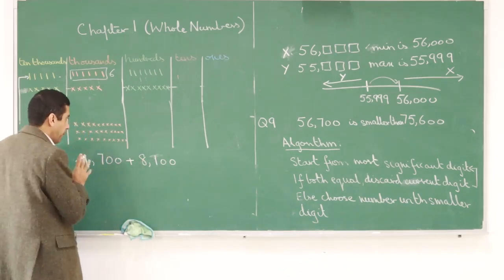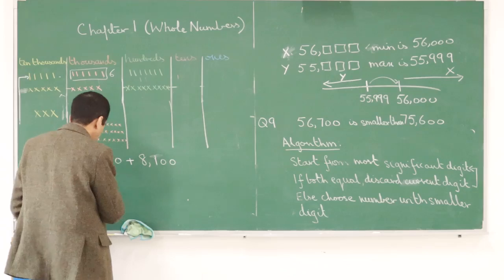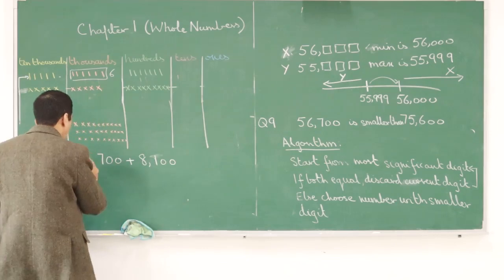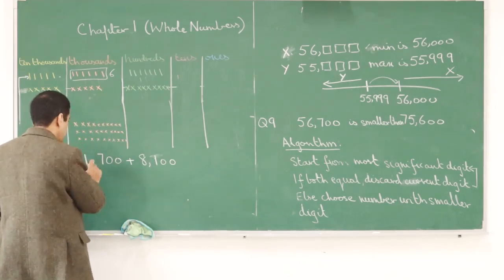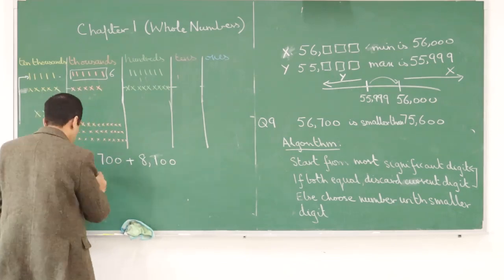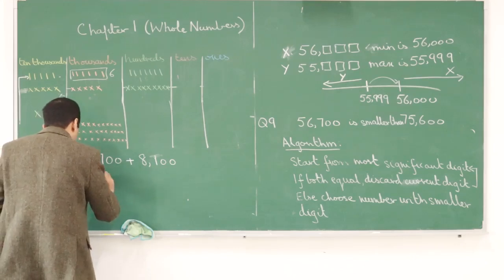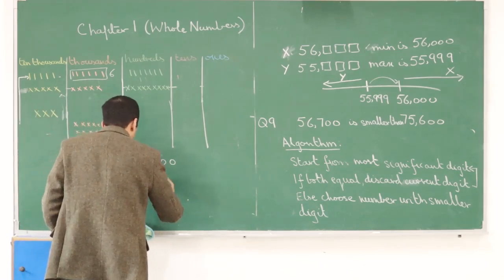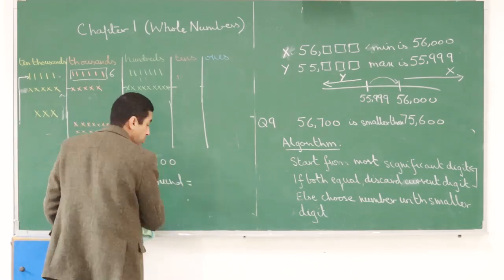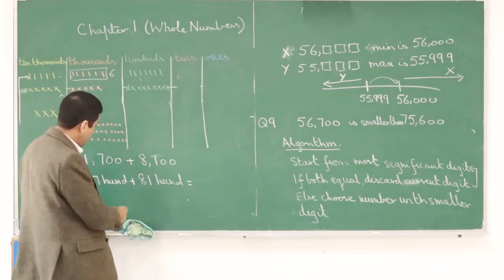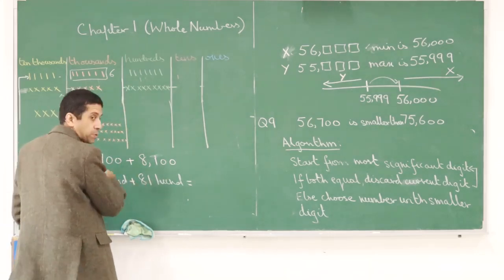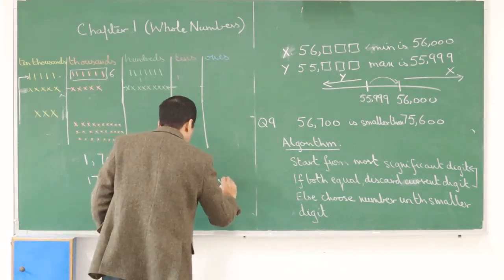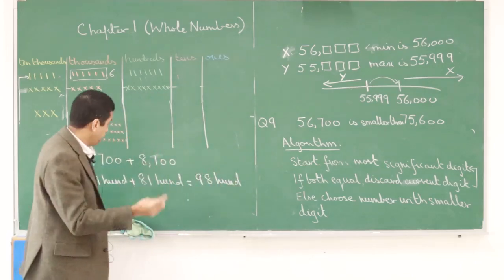So in the current scheme of things, I would think of this as 17 hundreds plus 81 hundreds. As you're adding, 7 plus 1 is 8 and 8 plus 1 is 9. So I'd get 98 hundreds, right?